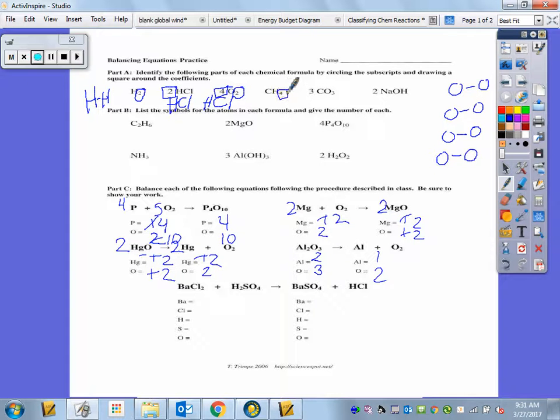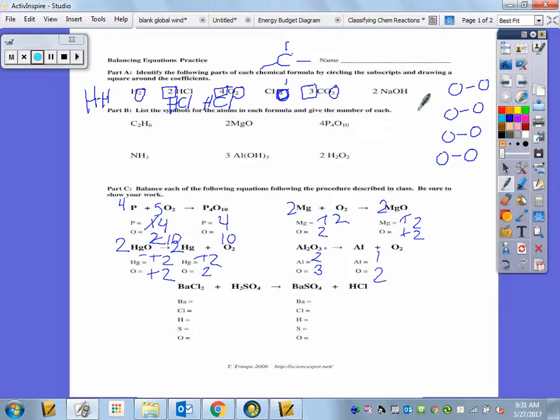CH4, this is one of those ones where it was the C and then you had an H on either side of it. So 1 carbon, 4 hydrogens. We have 3 CO3, and I should have put a circle around that, that's your subscript. This is your coefficient, and this is your subscript.